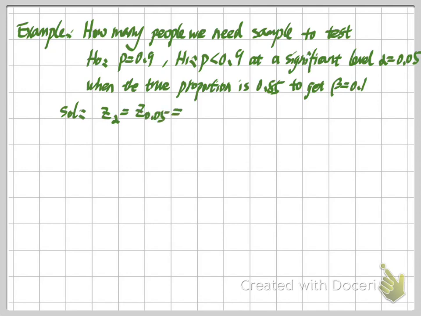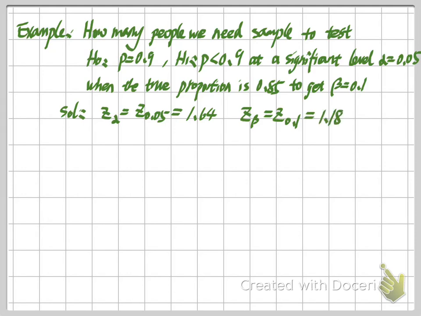When we use the table of standard normal distribution, we will get 1.64. So this is our value for z alpha. And then also by the table of standard normal distribution, for z beta, which is z sub 0.1, the value is 1.18.